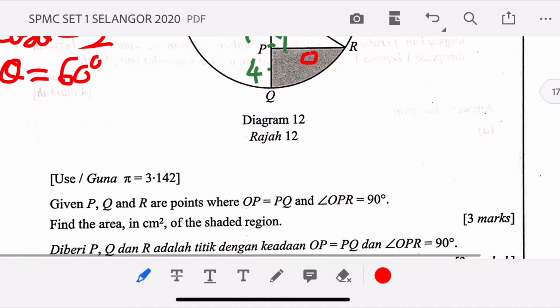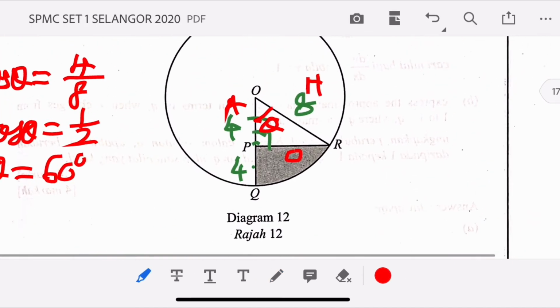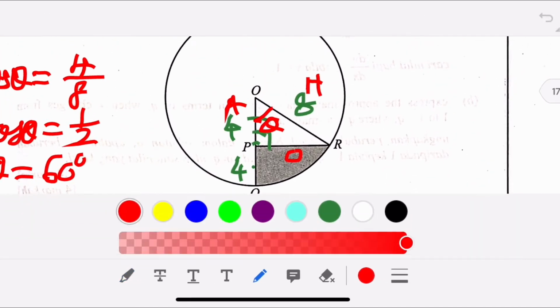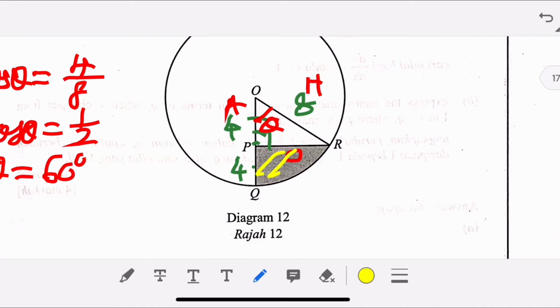To find the area of the shaded region, we need to use the area of the sector. This is the part that we want to find. First of all, we need to find the area of the sector, which is this one.